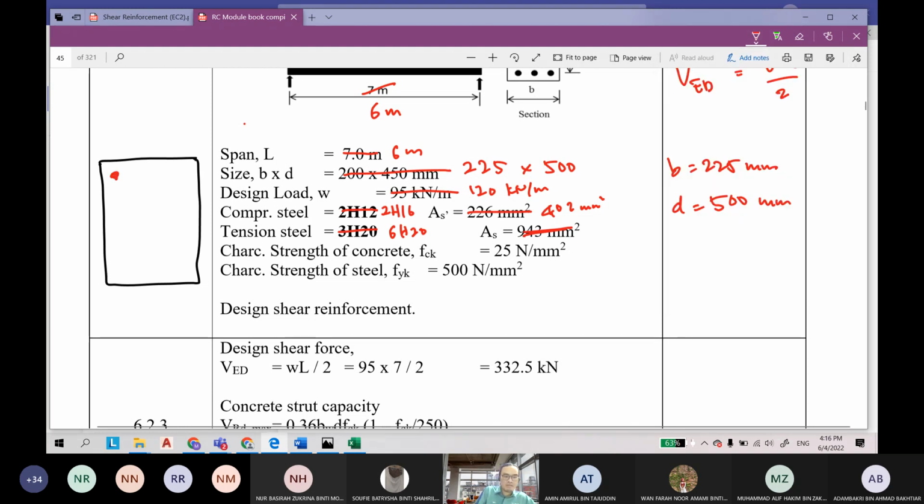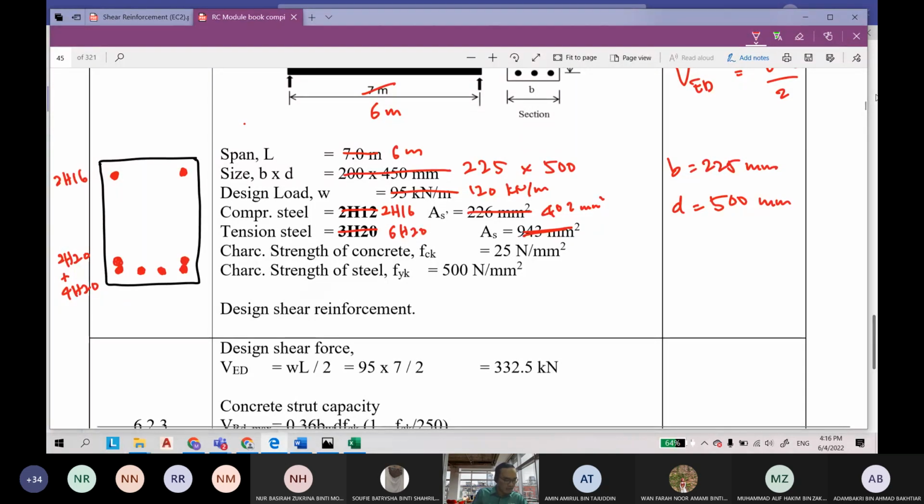So this is our main reinforcement, 2H16, and at the bottom here we use 1, 2, 3, 4, 6. It means 2H20 plus 4H20, total is 6. And then this is 2H16.